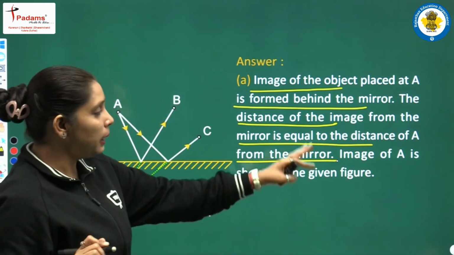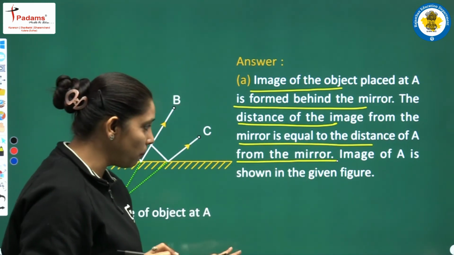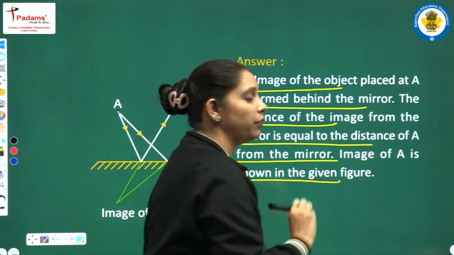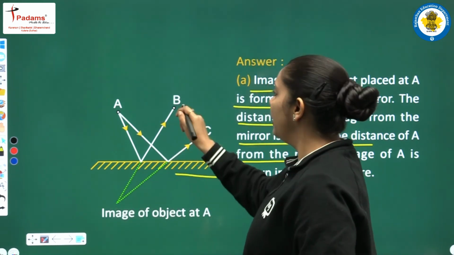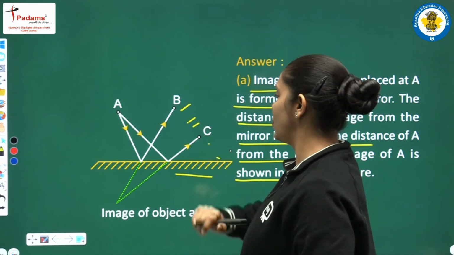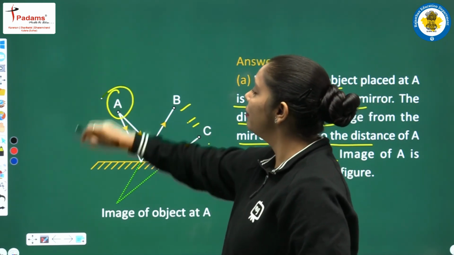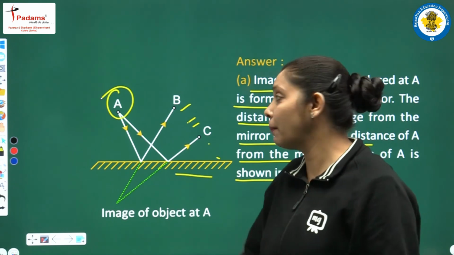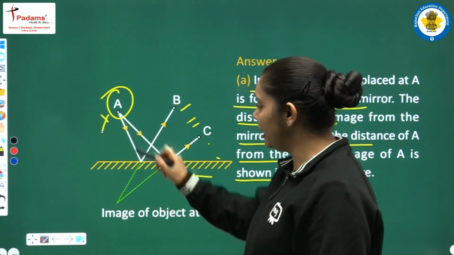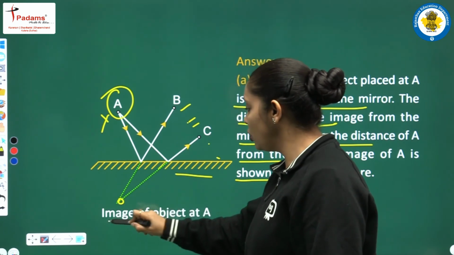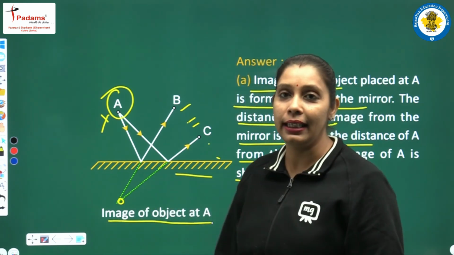Yes. The image of A is formed, is shown in the given figure. Have a look here. ठीक है? This is your plane mirror. B position, C position, and here it is your A position जहाँ पर आपका X place है। ठीक है? इसकी इमेज बनेगी the image of object at A.